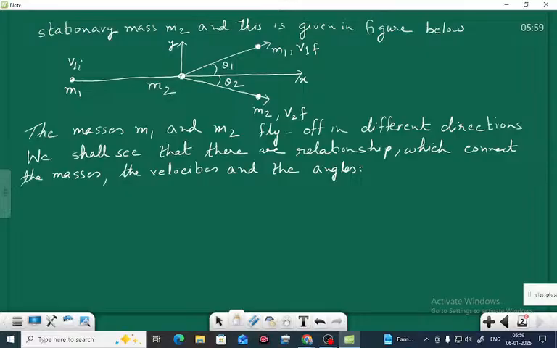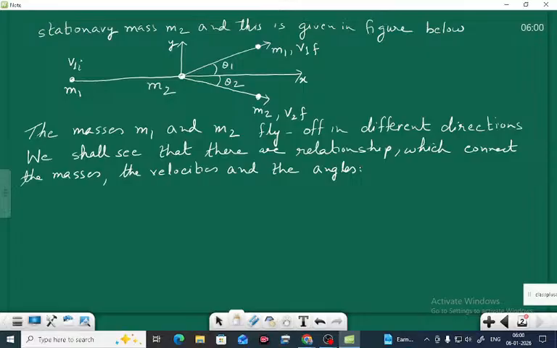Now we have two types of collisions. We'll deal with types of collisions, and after that we will find a collision in one dimension and a collision in two dimensions.